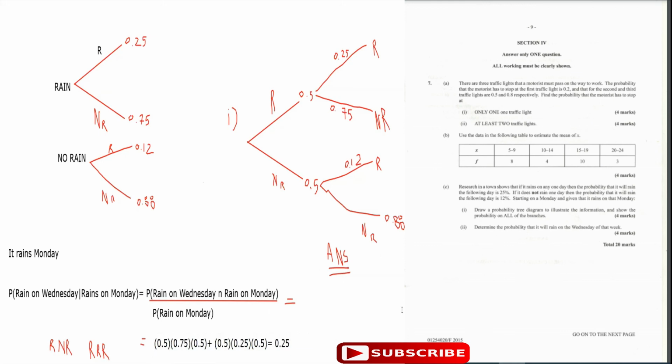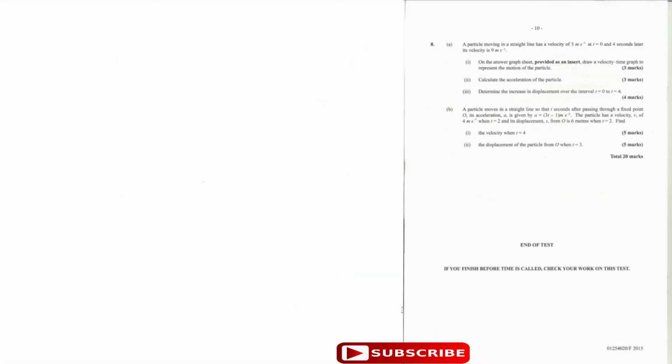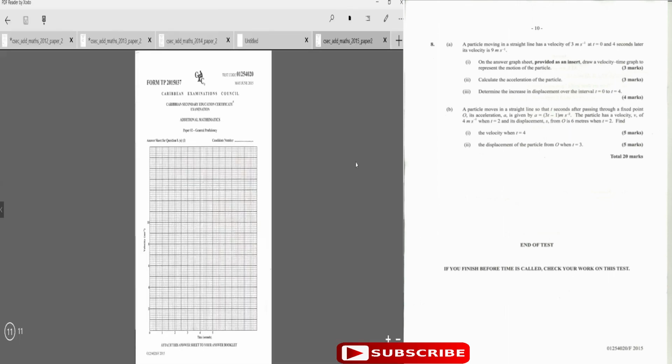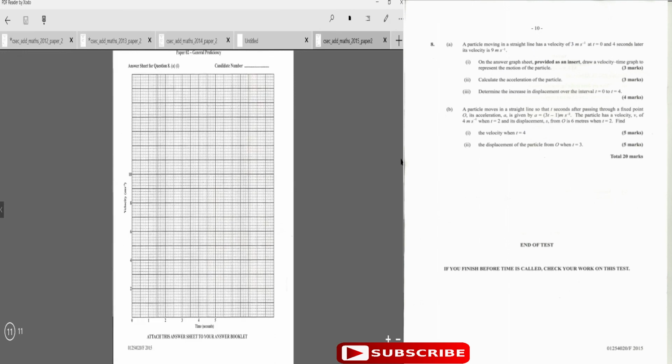Nice. Now let's go to the final question of the paper. Question 8 says, a particle is moving in a straight line with a velocity of 3 meters per second at t equals 0, and 4 seconds later its velocity is 9. It says, show this on the graph. So this is the graph sheet of how it's going to look, and this is what you're required to do.